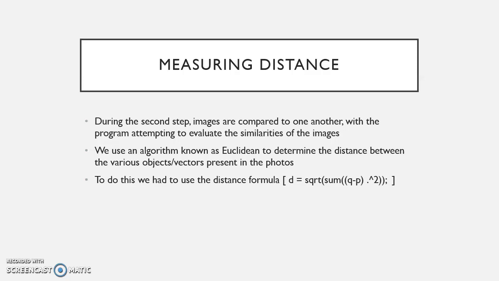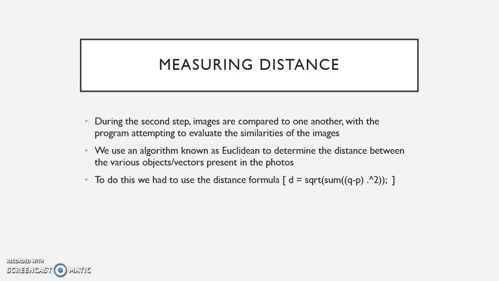Like I said, step 2 was measuring the distance between them. This is how the program determines what images are most similar to one another. The images that have a smaller distance between their vectors are the ones considered most similar to our original image that we chose.